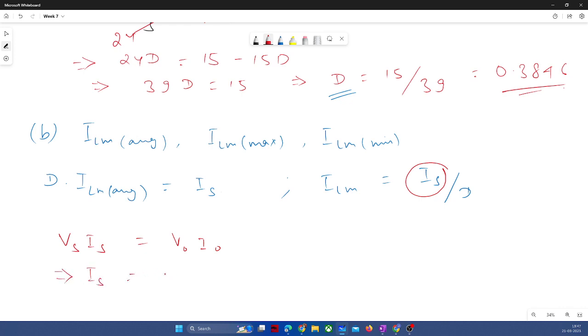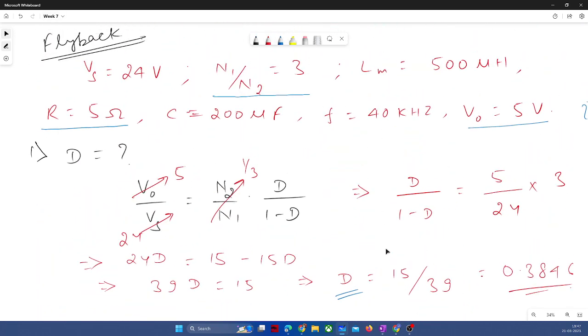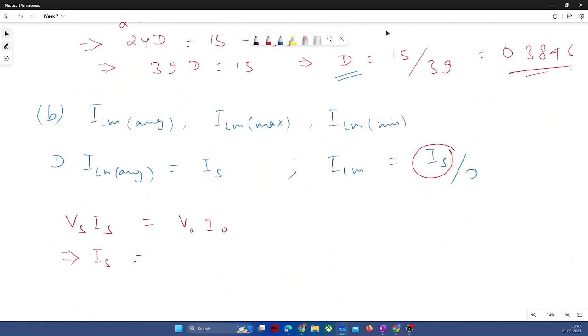Is is V naught by Vs times I naught, that is 5 by 24 times 1, so Is is 5 by 24. Now ILM is Is by D, 5 by 24 divided by 0.3846.